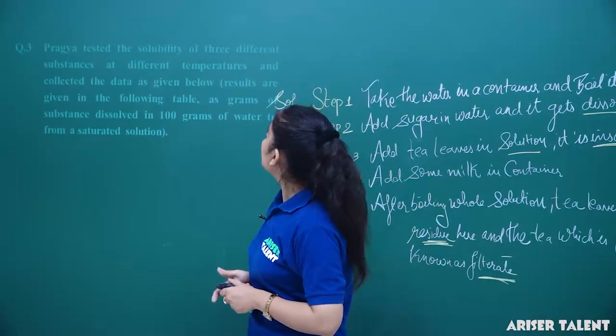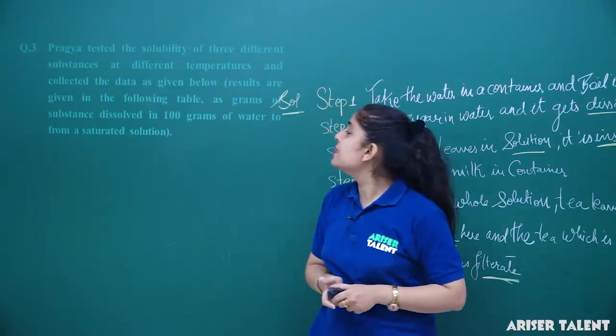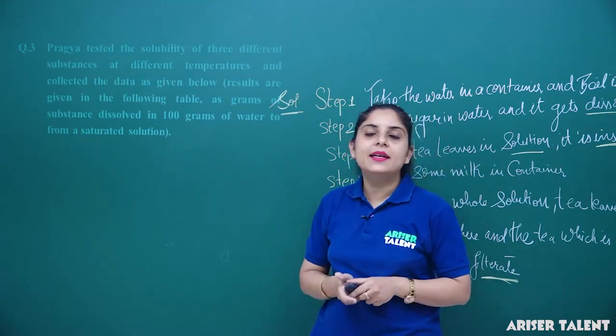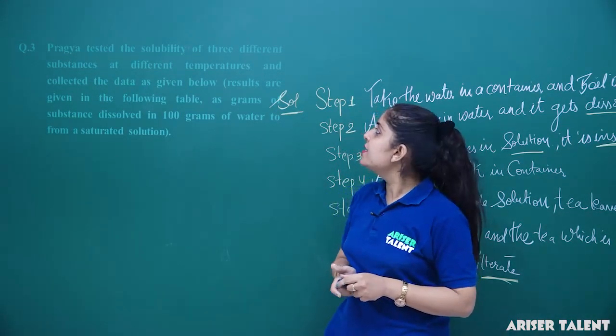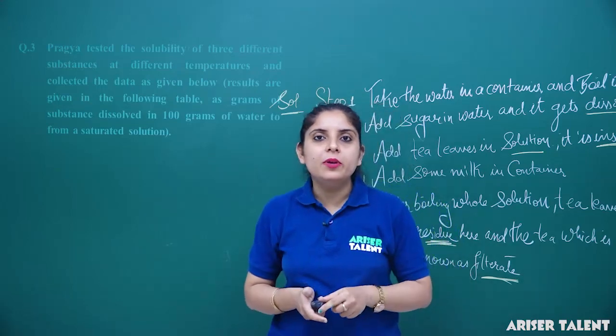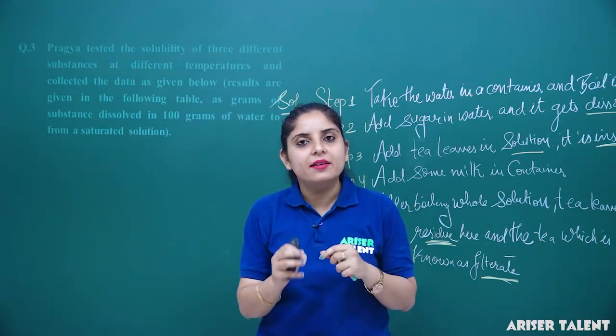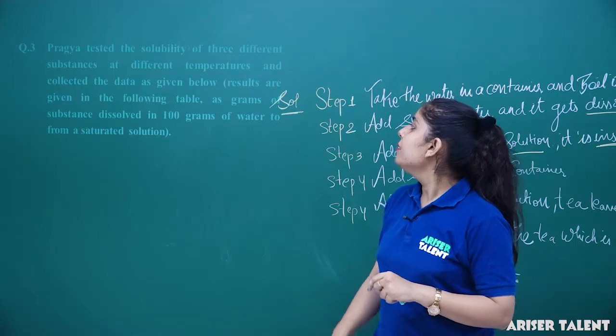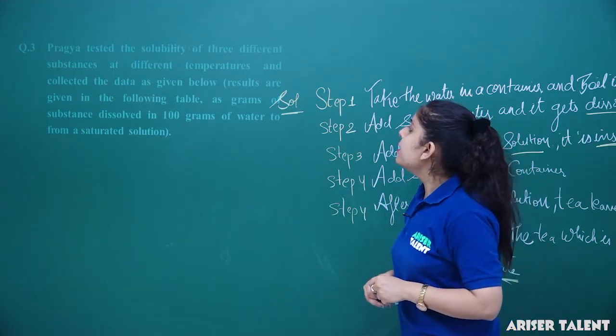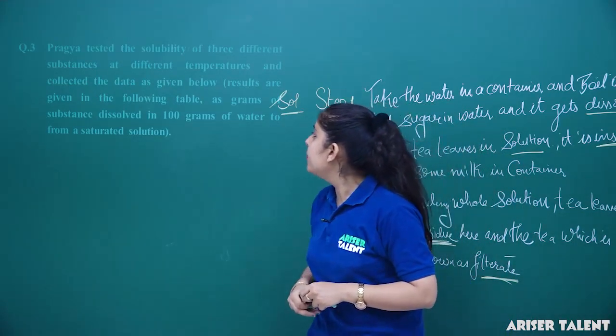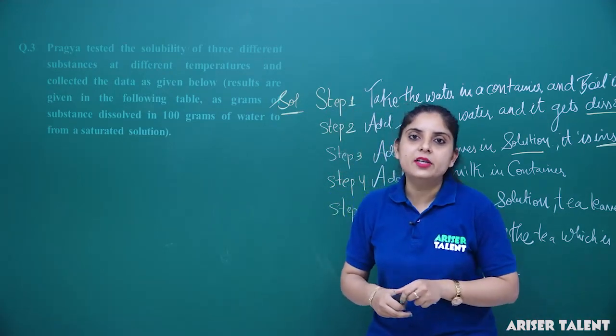Pragya tested the solubility of 3 different substances at different temperatures and collected the data given below. So what she has done, she has measured the solubility of 3 different substances at 3 different temperatures, and the table is showing the grams of a substance dissolved in 100 gram of water to form a saturated solution.